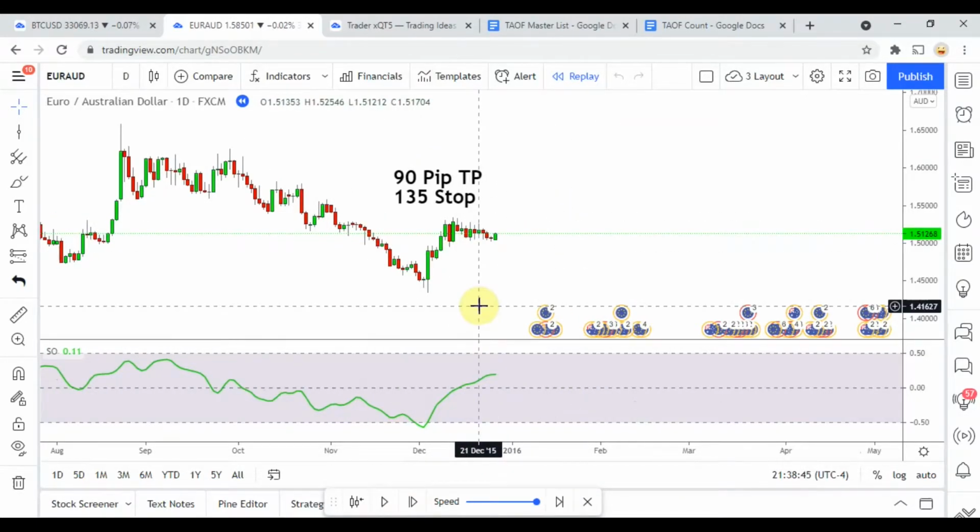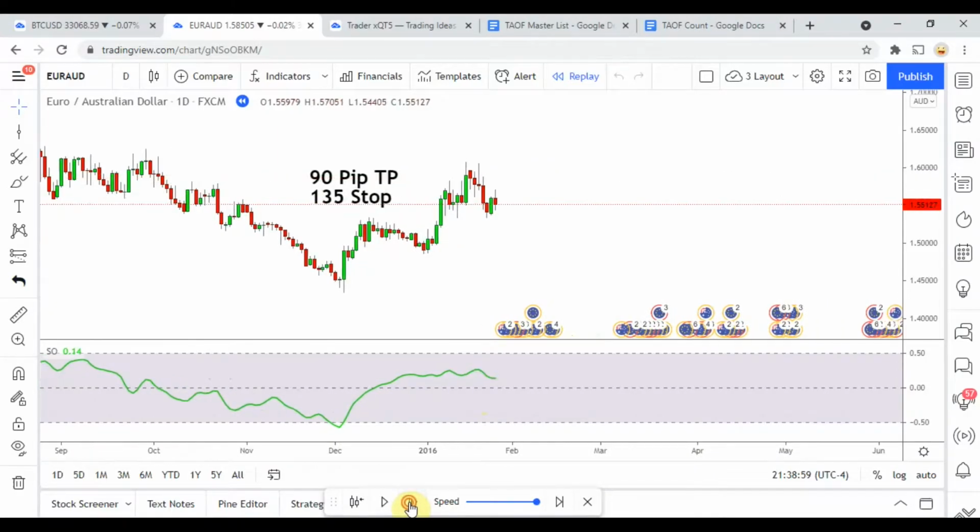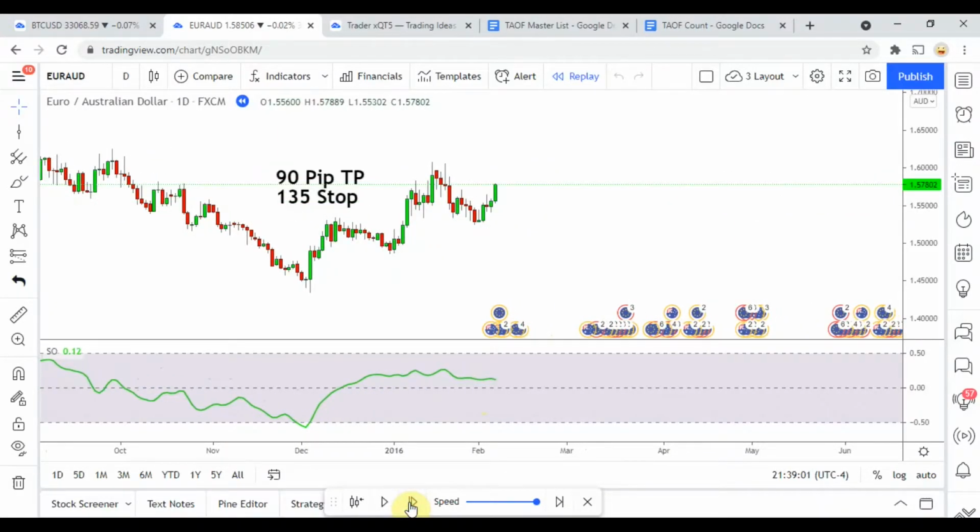All right, so once the green line crosses up above the zero line, then we will go long. When it crosses down below the zero line, we will go short. So pretty simple setup. We've seen quite a few indicators like this before.